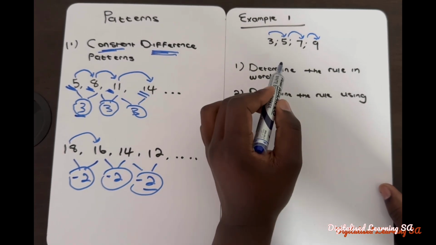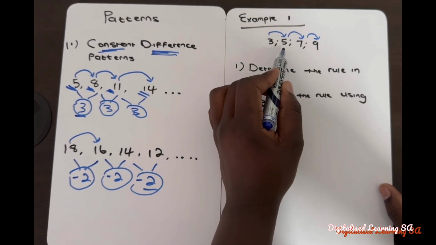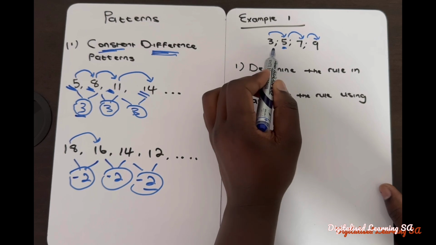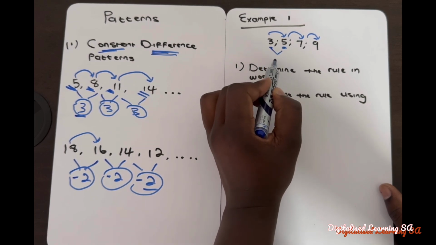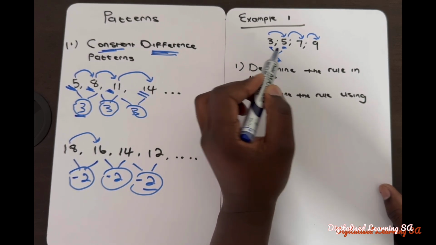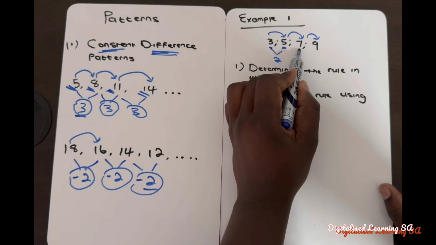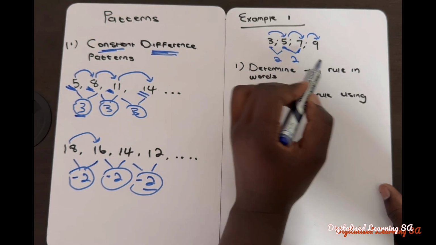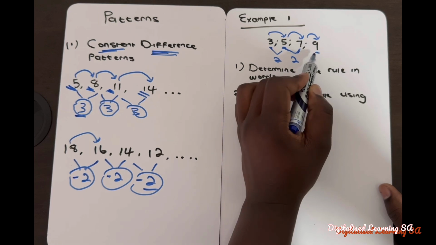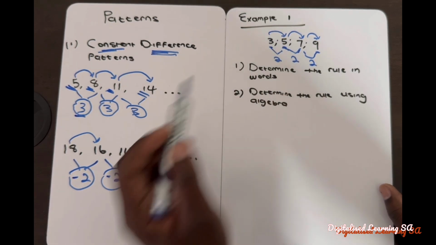To do that, you can take this 5 and subtract 3, and you will get 2. If you take 7 and subtract 5, you will still get 2. And if you take 9 and subtract 7, you will still get 2.